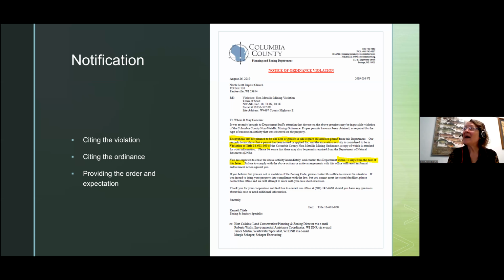So I got permission from Kenneth Thiele at Columbia County to share his letter that he shared with me when he had an unpermitted site. And the highlighted sections kind of dial in, identifying what it is that they are in violation of, citing the actual code, county code, and then also took a look at providing that order and that expectation within so many days of the date of this letter, you will get an application into us.